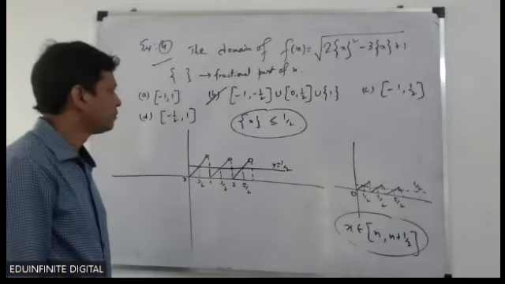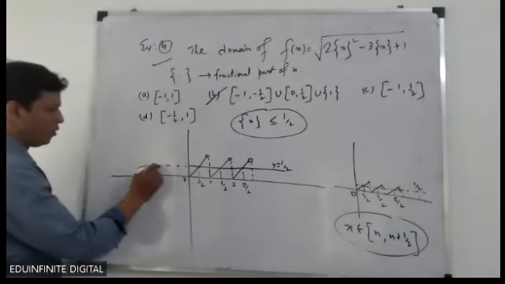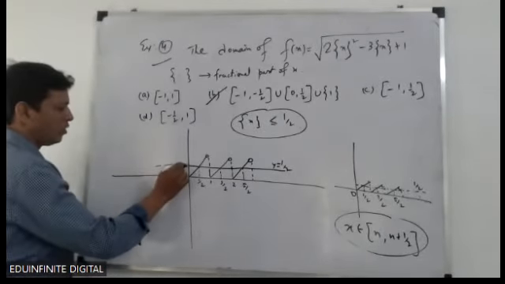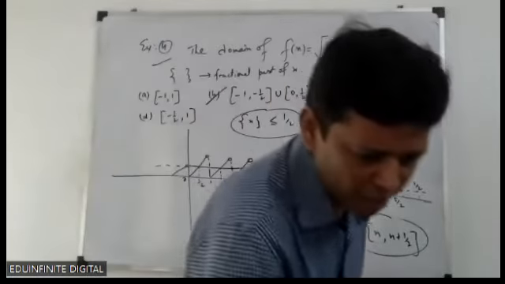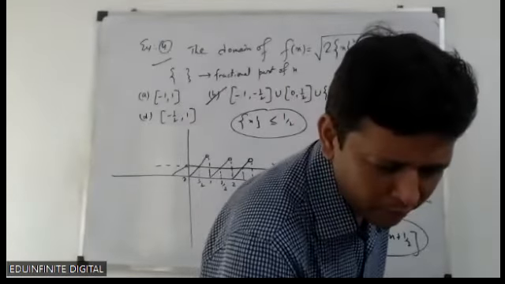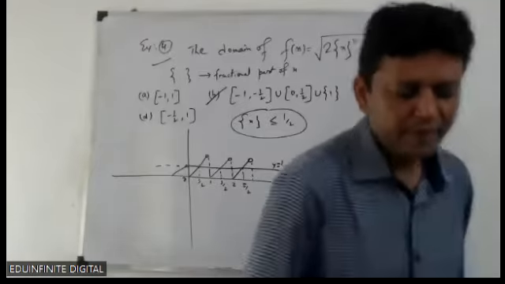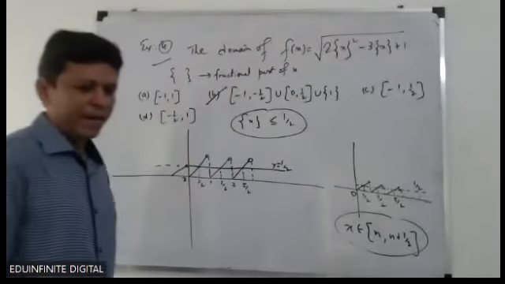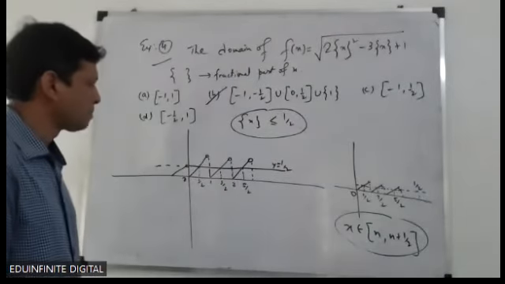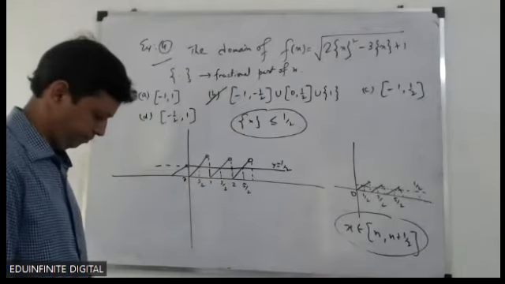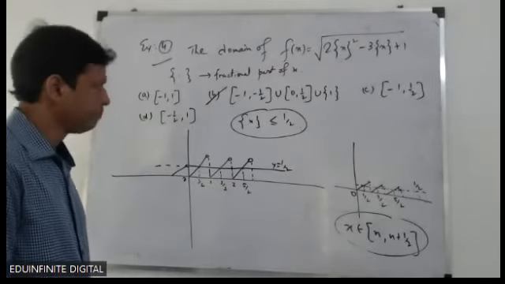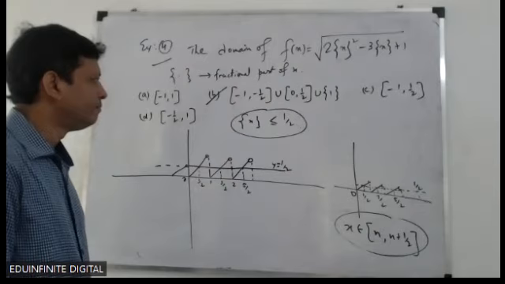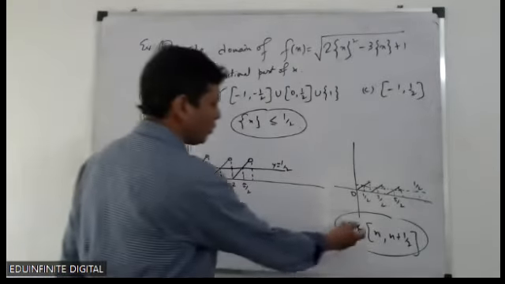So why option B? This side also. You have to go from the options. Am I clear, everybody? One is included.